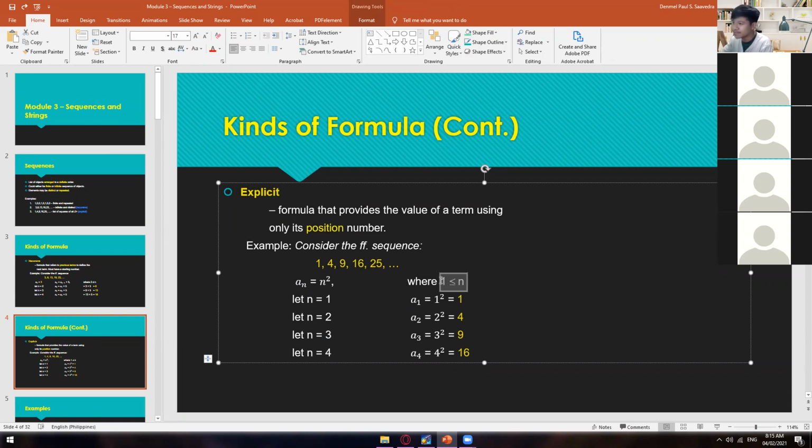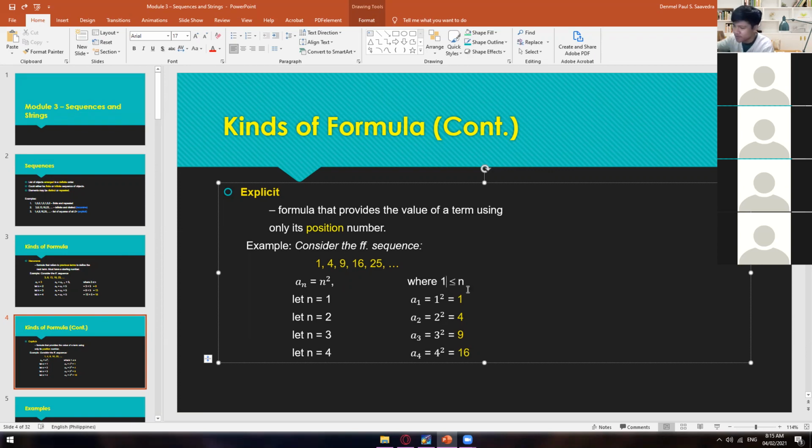So it says here that your n should be less than or equal to 1. Less than? Is it correct? Less than 1 or equal? See, other way around. So n should be greater than or equal to 1. Okay.